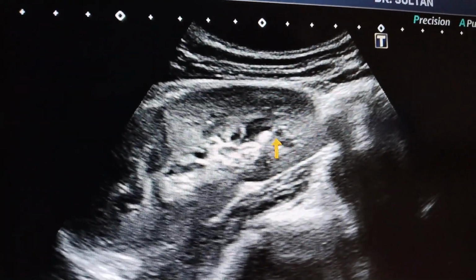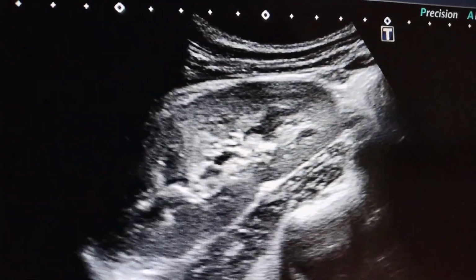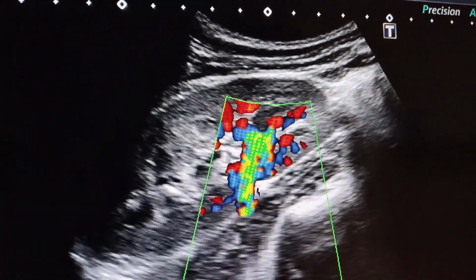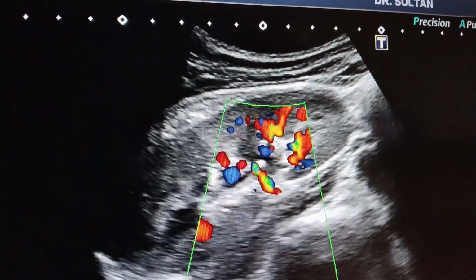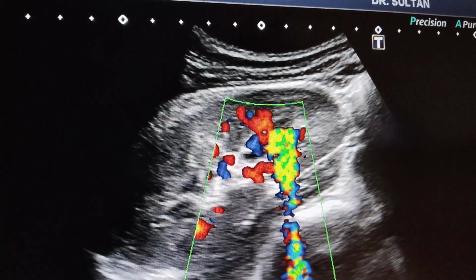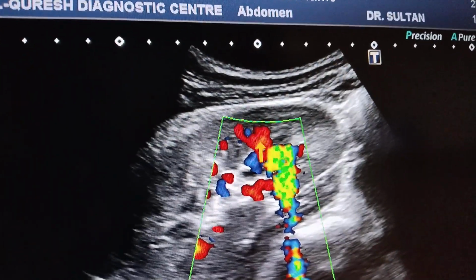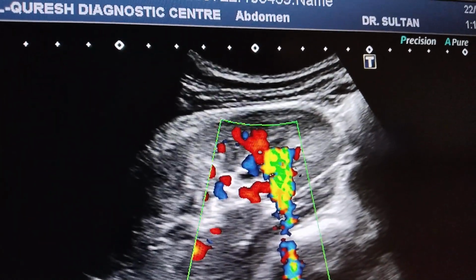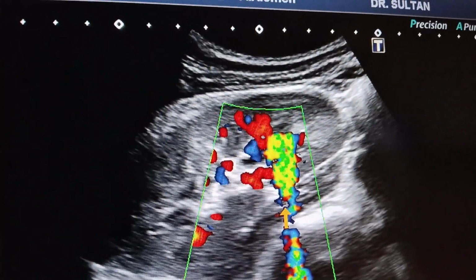And for other confirmation, we apply the color. Look here, we have put the color and these are the vessels and this is the twinkle artifact. What is twinkle artifact?